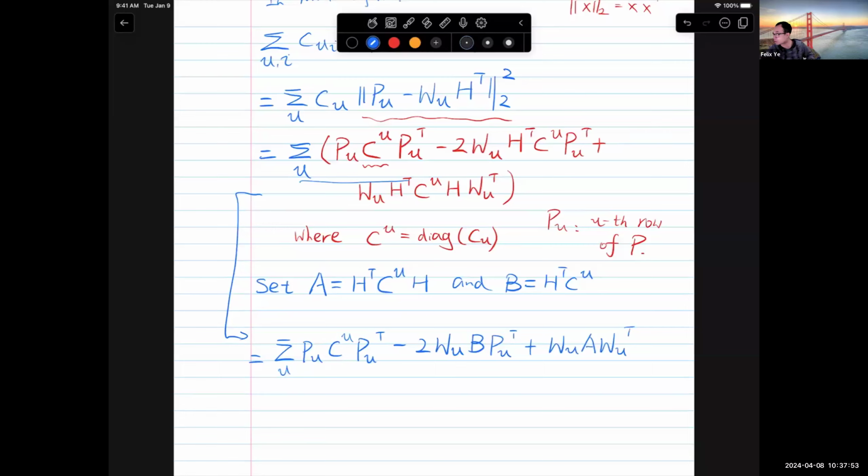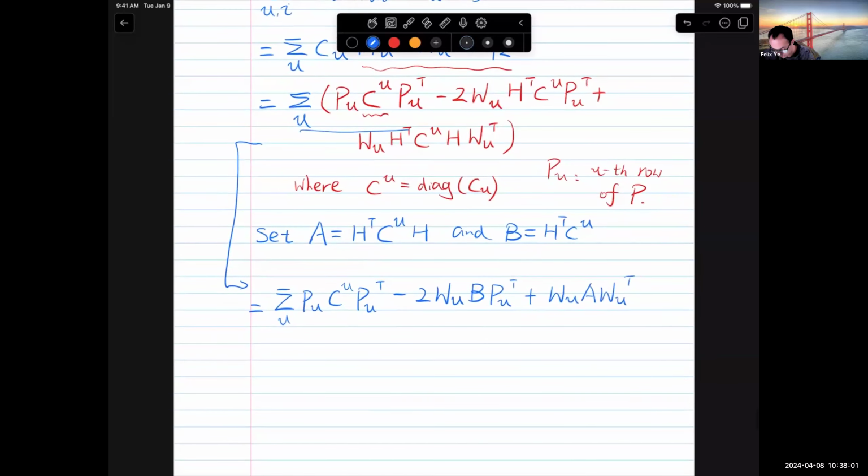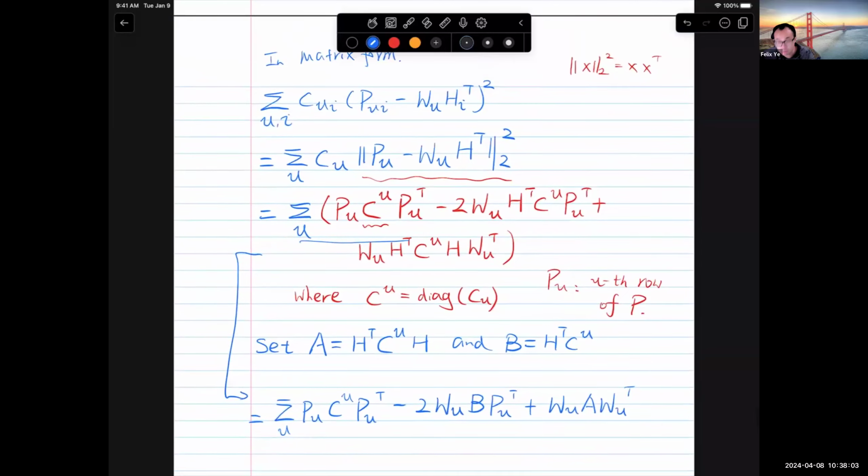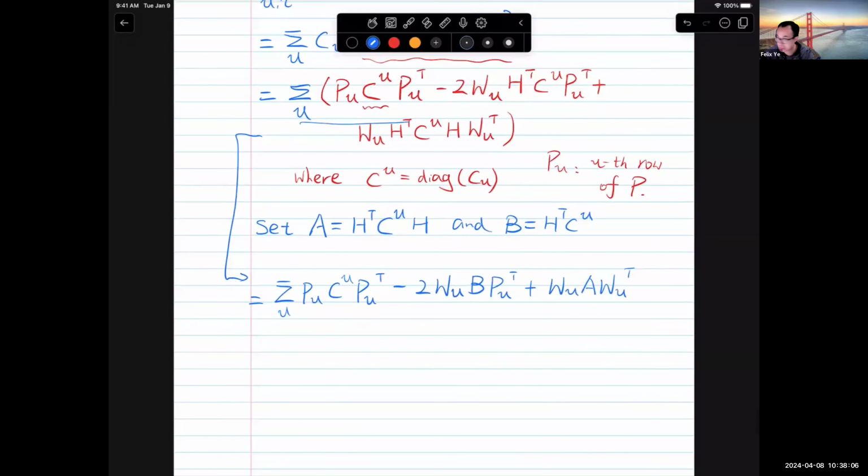Okay, so this is actually a quadratic problem, and you can solve that by taking the derivative with respect to that. I want to remind you, the full loss actually has the penalty terms involved, so make sure that you don't forget that.